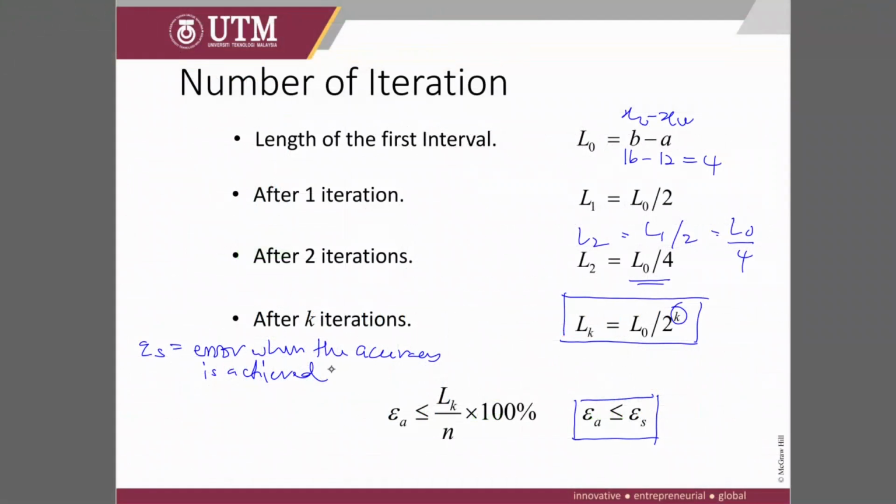And what is EA? Epsilon A is what we call the approximation error. So how do we calculate approximation error?